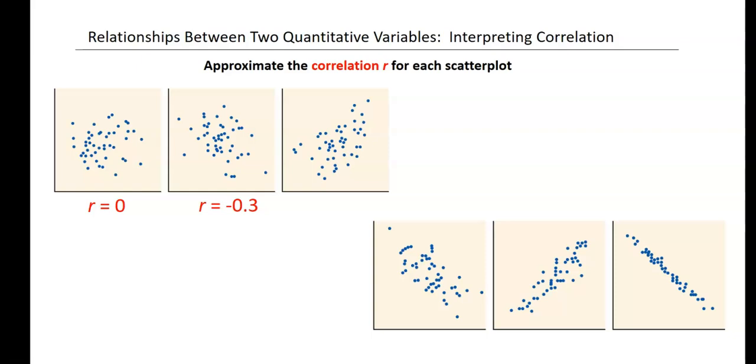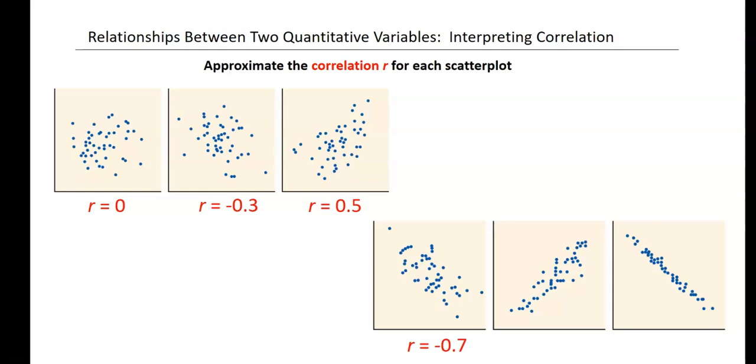Next one is positive, maybe a little bit stronger. I don't know if that's positive 0.4 or something, 0.5. That's fine. Sorry, the next one is negative, a little bit stronger, negative 0.6 or negative 0.7. It's getting closer to one. It's getting stronger as we go here. So the next one, a little bit stronger, definitely positive.